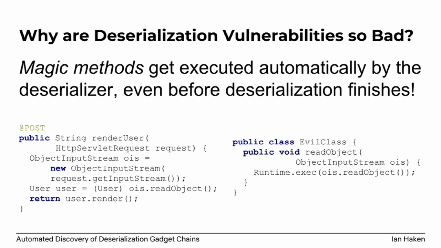And the thing about this magic method, this readObject method that's so critical, is that it gets executed before this readObject method ever returns on the left-hand side. So it doesn't matter that this evil class can't be cast to a user because this magic method gets invoked before that ever returns.